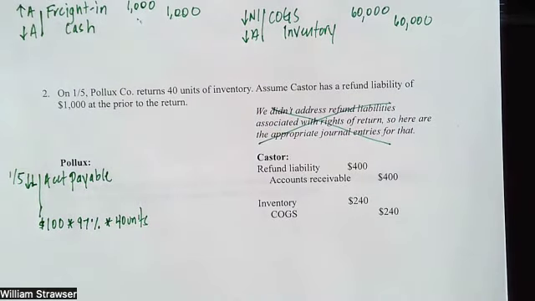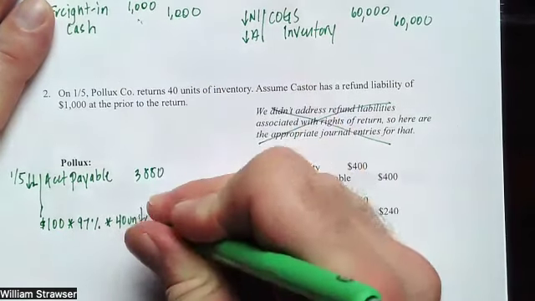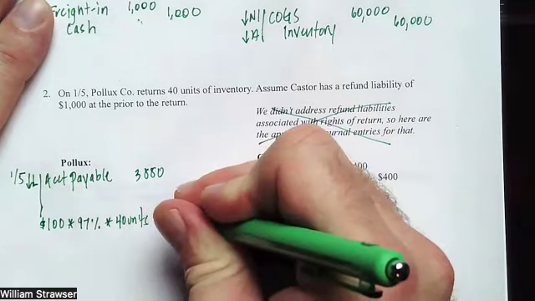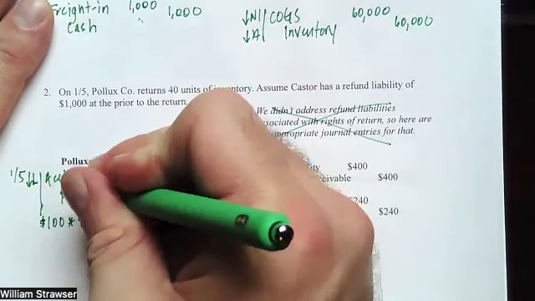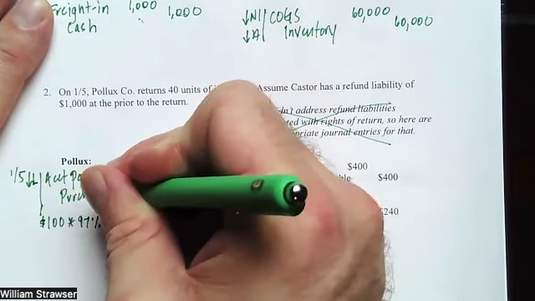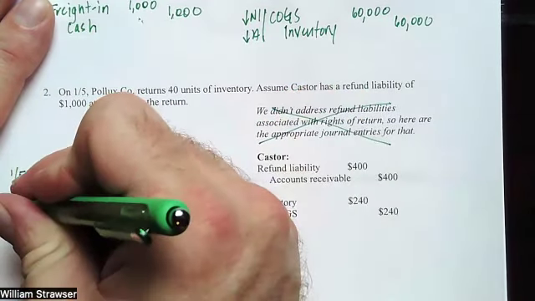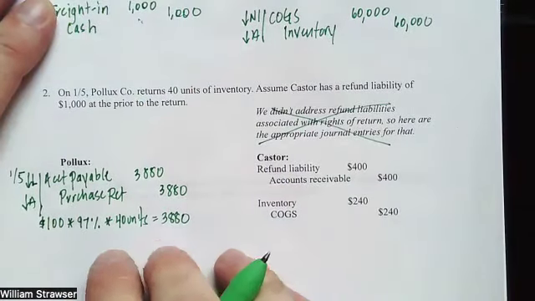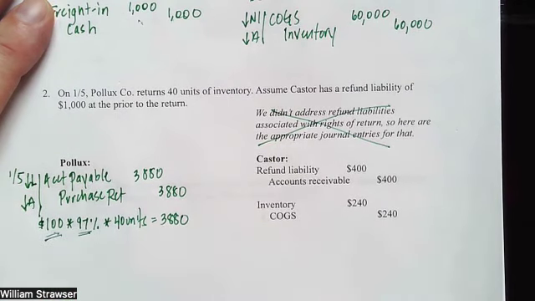So that's $97 times 40 units, and comes out to 3,880. Now the credit goes to purchase returns, also at 3,880. Just remember that when you're dealing with gross or net method, that sets the rule for how we value each unit.